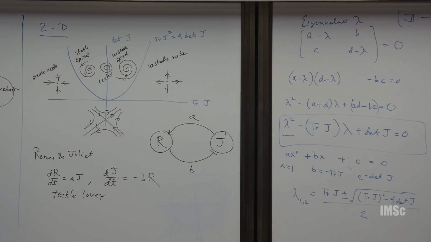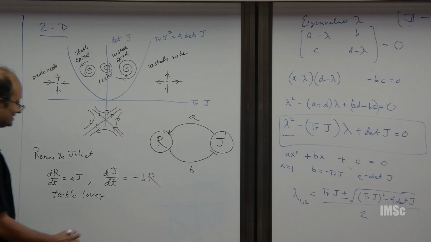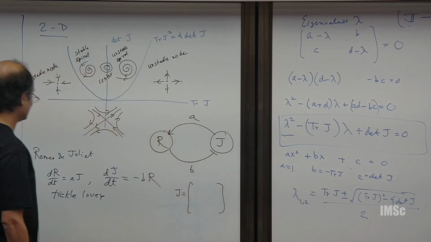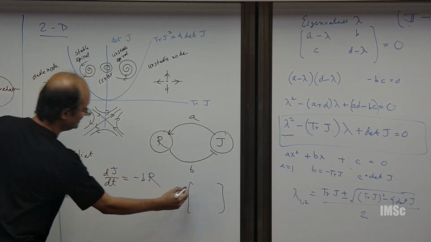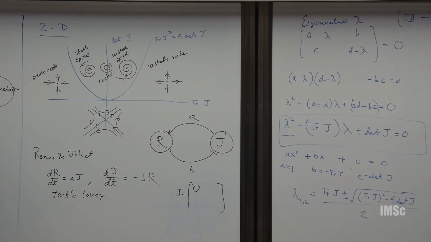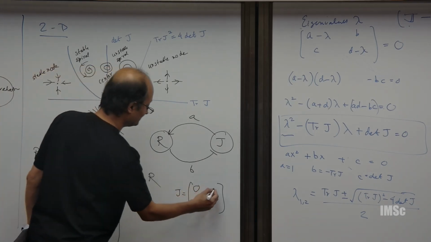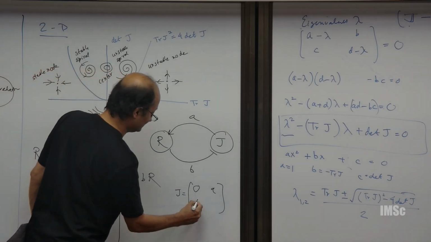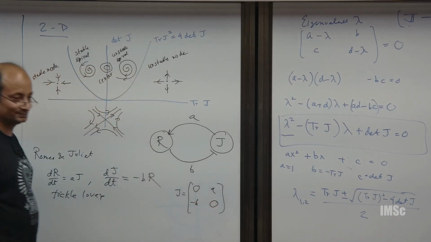Sorry? Okay, let us look at the matrix. What is the matrix? So, 0, A, minus B, 0.